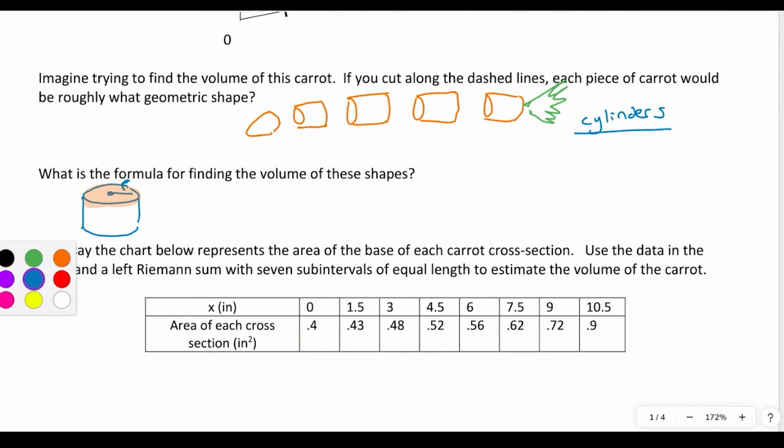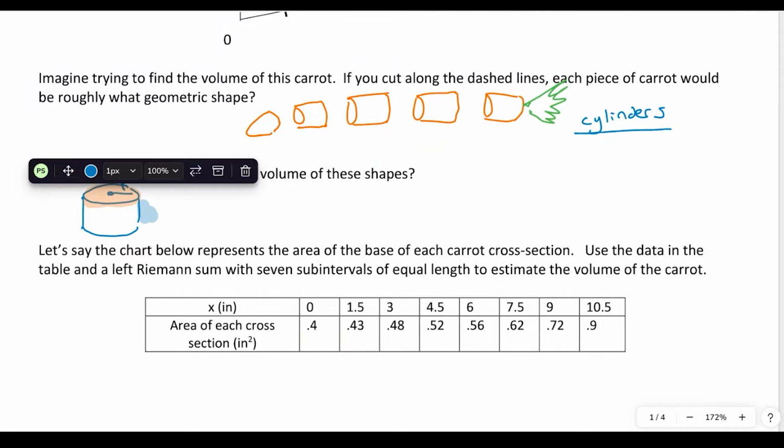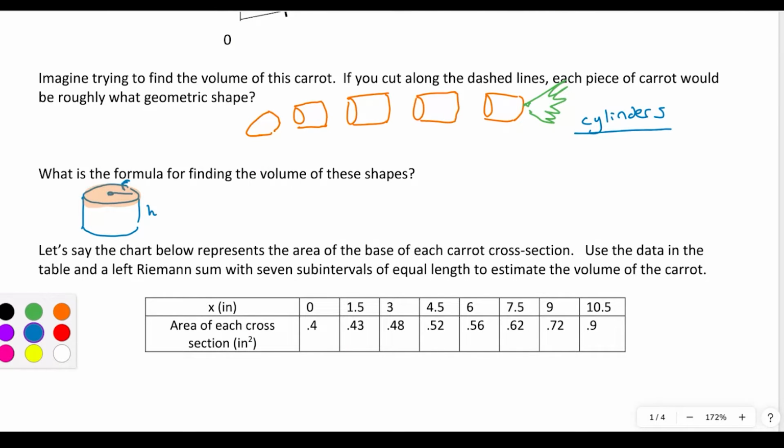I'm going to call it height just because that takes you back to your good old geometry days. You would have called this the height, right? So the formula for finding the volume of a cylinder, and this is not something that would be given to you, you need to know this, is the base area, which I'll just call capital A for area, times what I'll call the height, although we're really thinking distance between the bases.